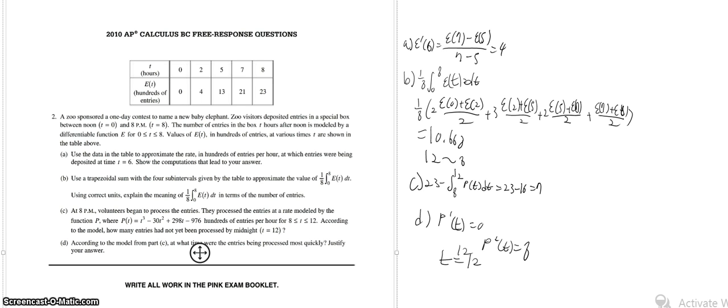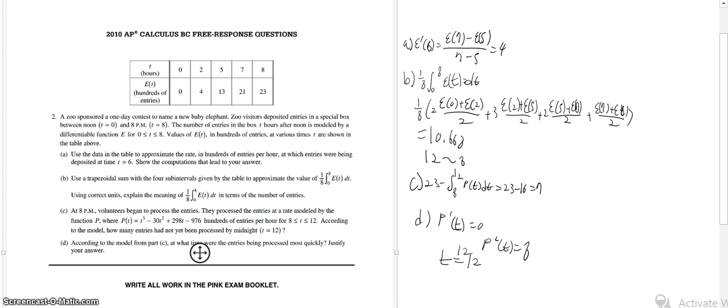I said that when the first derivative P'(t) equals 0, so at t equals 8, or when t equals 12, it should be quickest to process all the entries, because that's when P(t) is at its extreme.